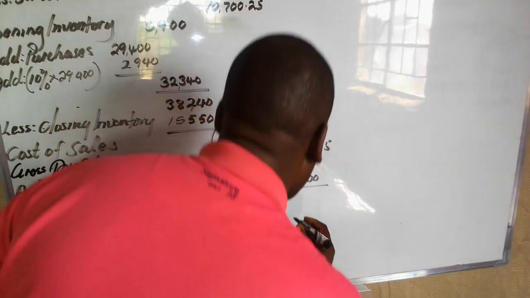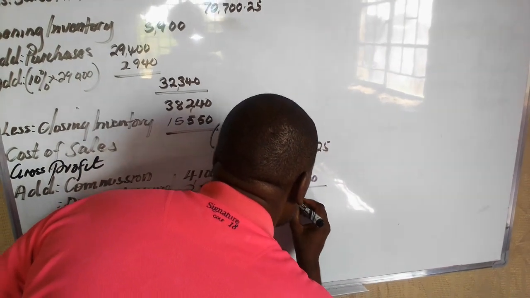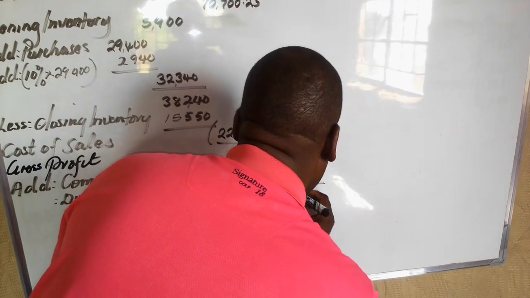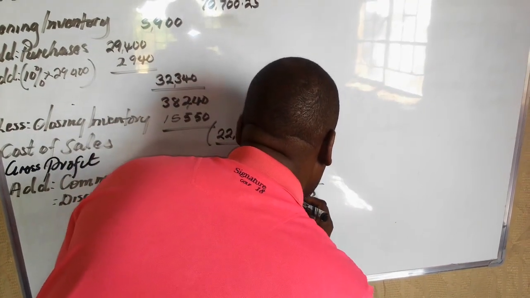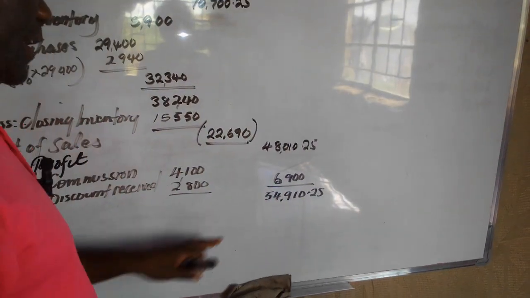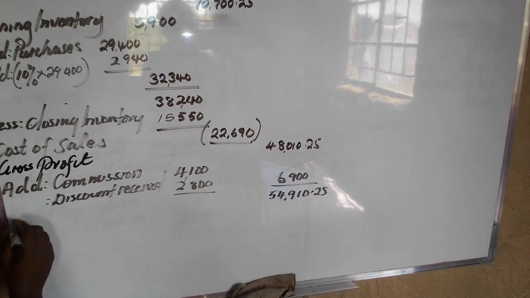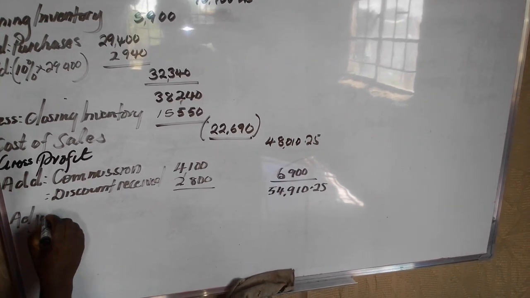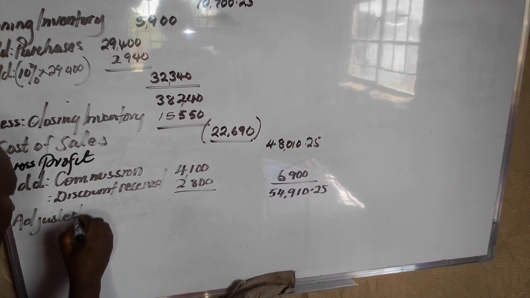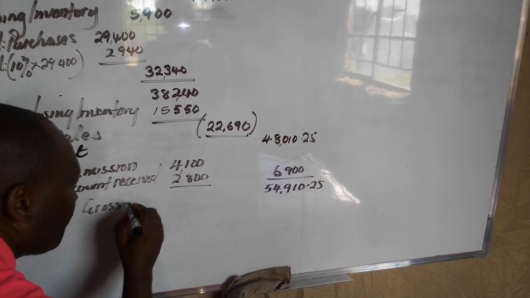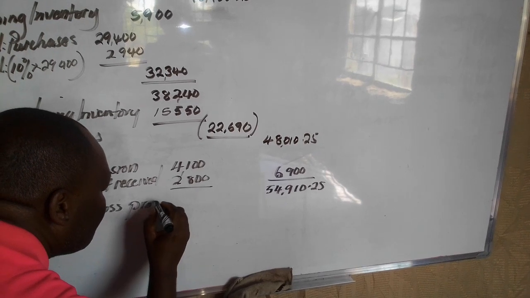We have 54,910 kwacha 25 ngwee. Okay, so this is our adjusted gross profit, because we have added the gains.